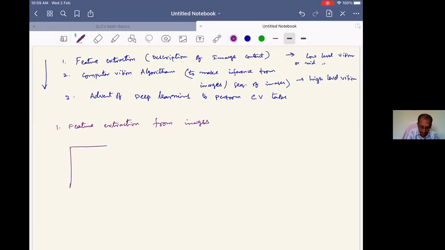In some of the problems, what happens is the whole image may have a single object. Then in that case, the problem may be simply classification or recognition.